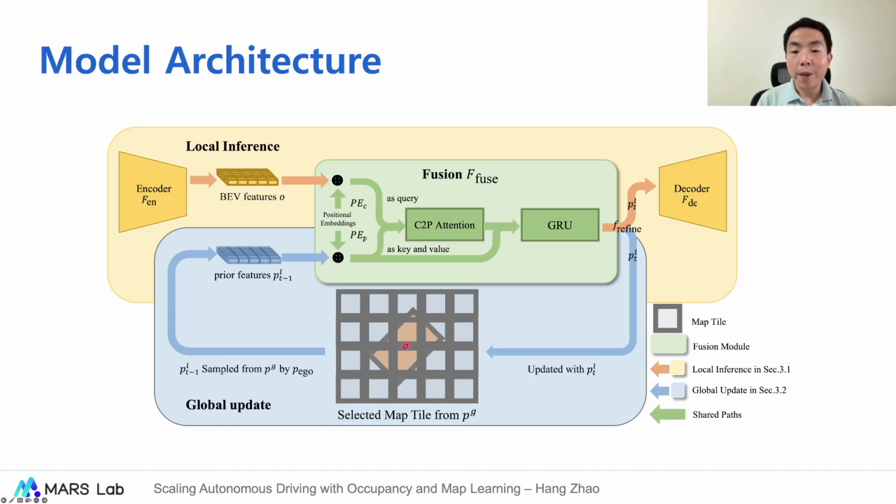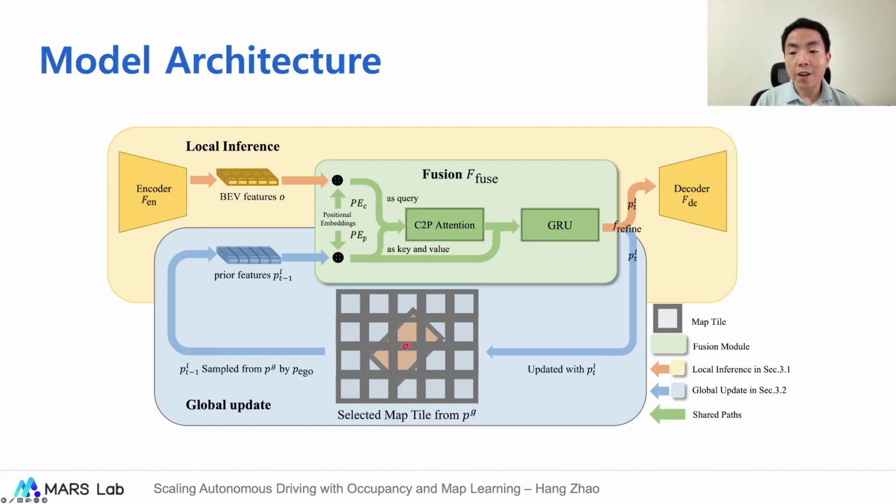Then, a global map module in blue, which stores all the map priors in the form of patches or tiles. And third, a fusion module that selects the corresponding map tile from the global map, fuses it with online observations with cross-attention, and finally, the features are decoded to get better results.